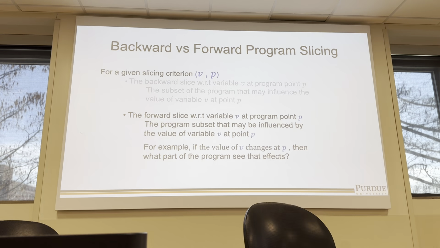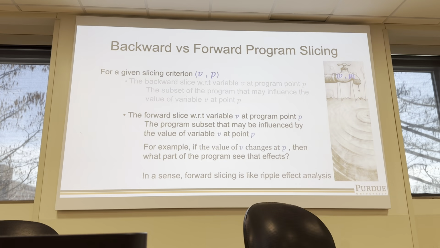So if I have some value at that very interesting program point P, and I somehow change the value, then which parts of the program are going to be affected by this change of the value at that very program point I'm interested in? Okay? So that means I make a change. What is the ripple effect of my change? That's basically what forward slicing is trying to give you.